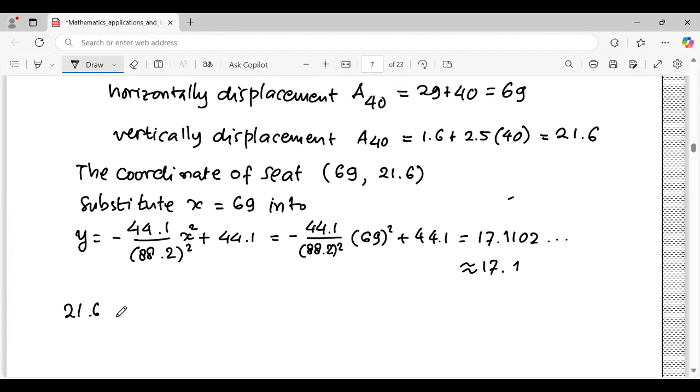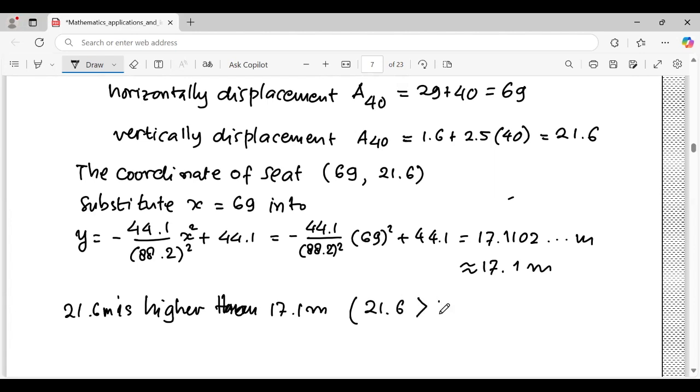So 21.6 is higher than 17.1 meters, or 21.6 is greater than 17.1.